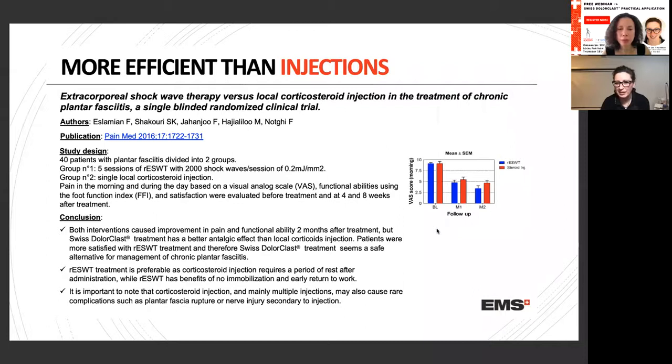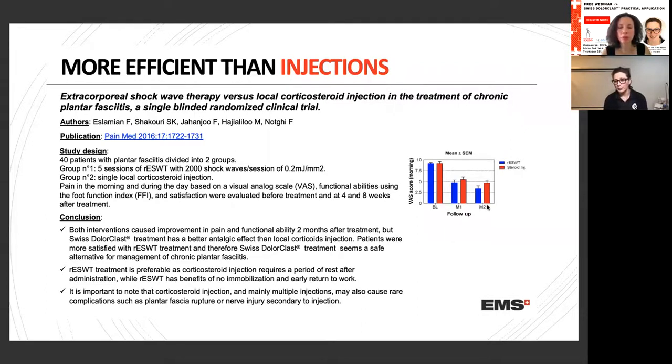The other issue is that in the long term, cortisone is not guaranteed. You probably know someone who's had a cortisone injection and it made absolutely no difference. The other thing is that if you have a very chronic tendon that's already very brittle or not very healthy, sometimes one injection is enough to cause the tendon to rupture completely.